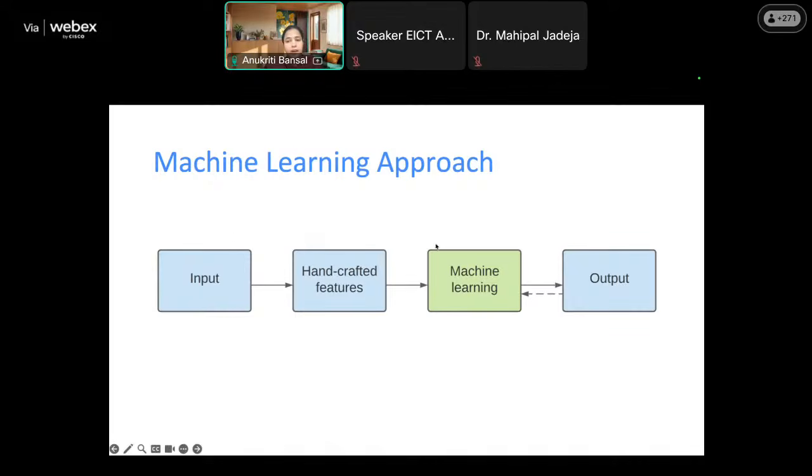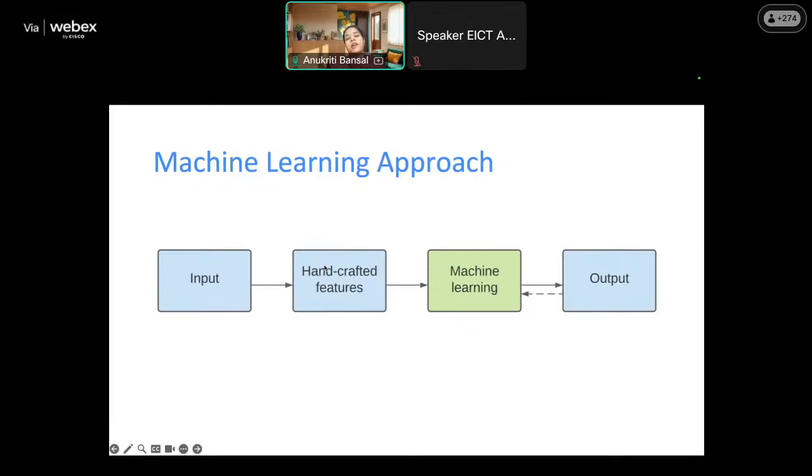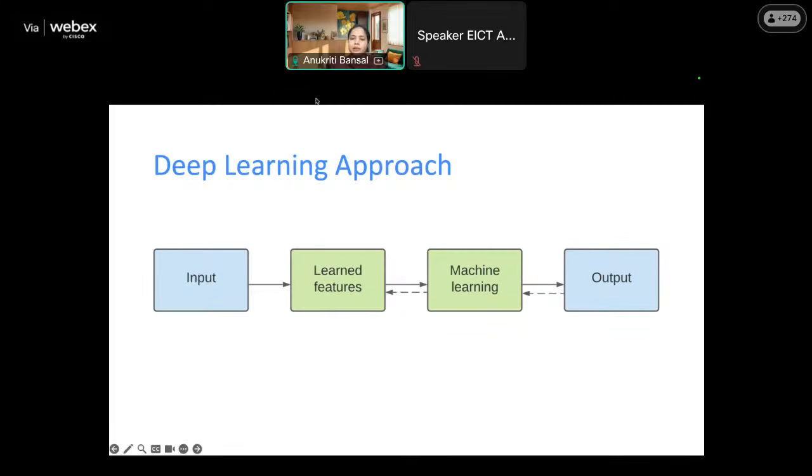So though the algorithm part was automated, I still had to extract features, and that was the bottleneck, because I don't know how many features would be sufficient and what features would be important for classification of different objects. So then came deep learning.